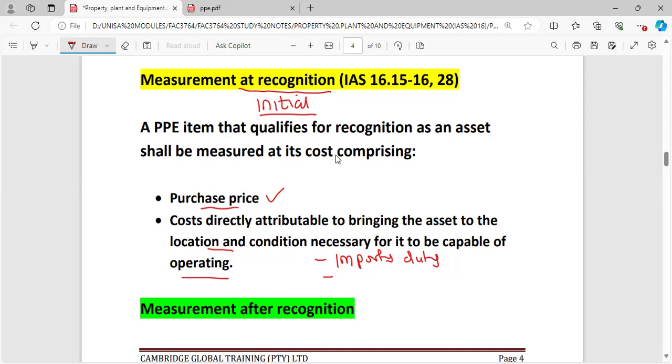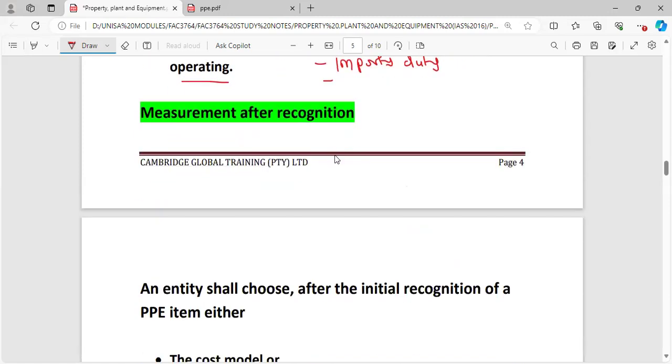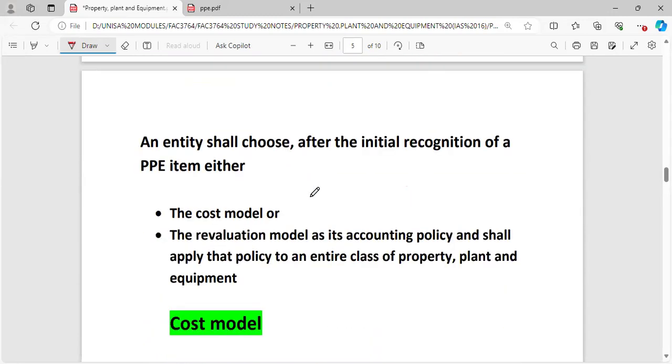Then in your questions also, you may be required to do the subsequent measurement, which is measurement after recognition. Sometimes they will ask you to do subsequent measurement. It's the same thing as measurement after recognition. So when you measure an asset at subsequent measurement, we have two methods. We have the cost model and the revaluation model.